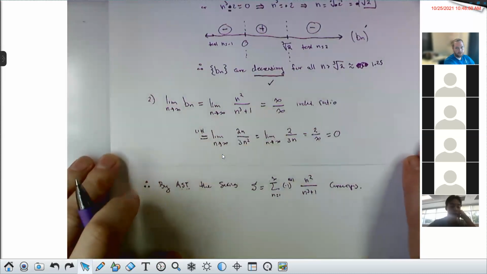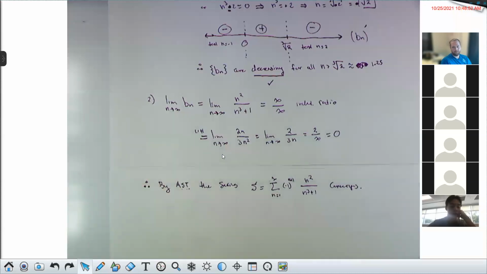Right? Because those two requirements are met. So this is the alternating series test. It's really not that hard to work with. You have to show that the Bn's are decreasing and show that the limit of the Bn's is 0. And as long as those two things are true, your alternating series converges.